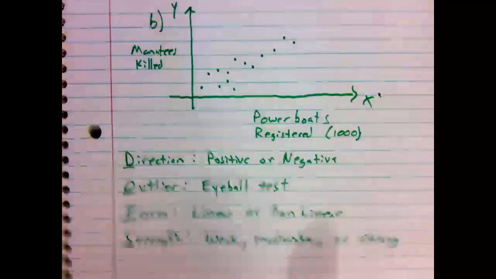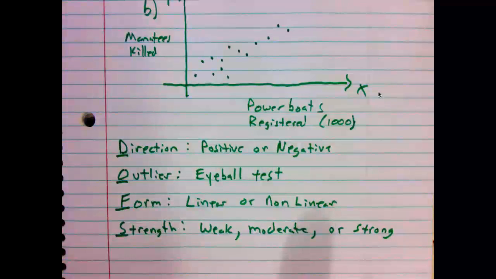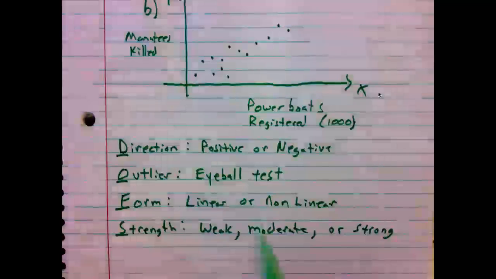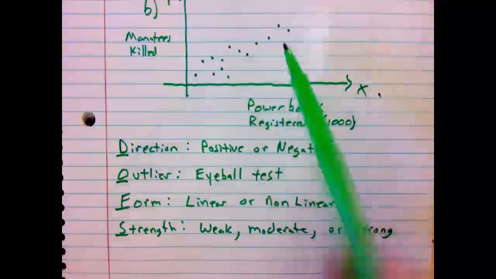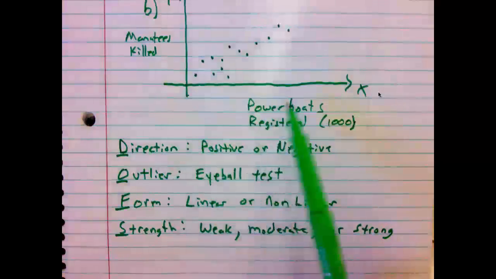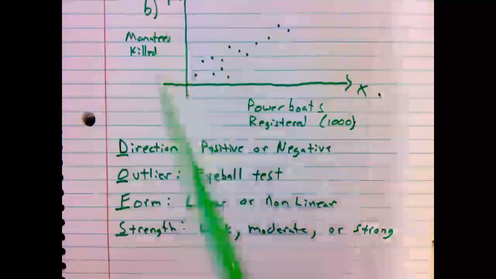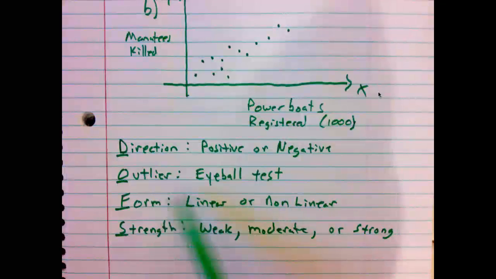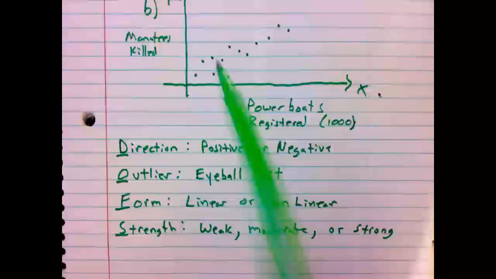Okay, so if we can get it done in one sentence, let us. I will describe this scatter plot as being positive. That is, as the number of power boats registered increases, the number of manatees killed increases. There appears to be no obvious outliers. All of these points lie along our general form.